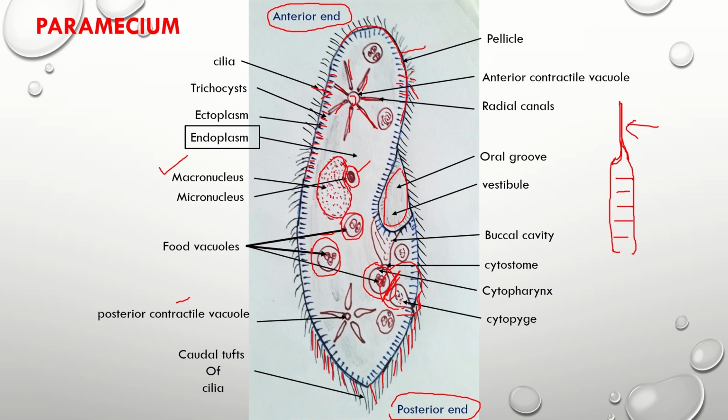This cytophage occupies a small portion of the ectoplasm, where the pellicle is weaker than over the rest of the body.